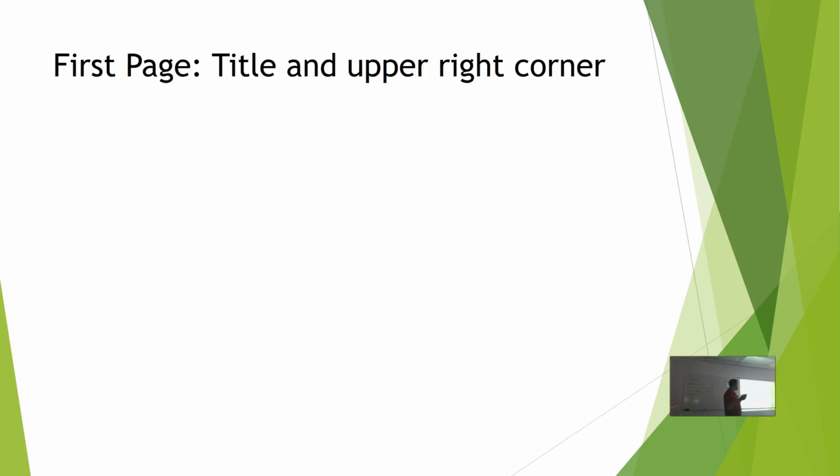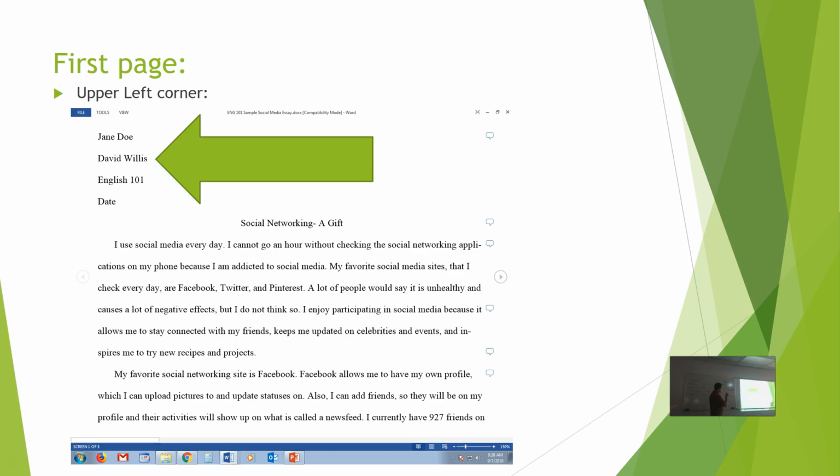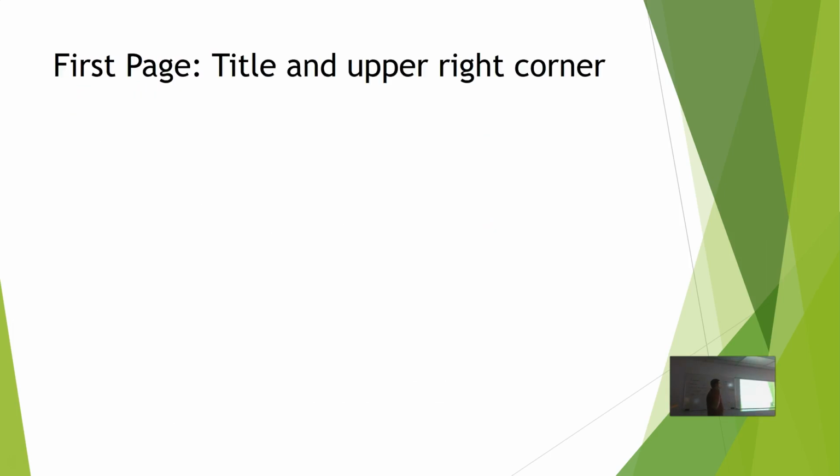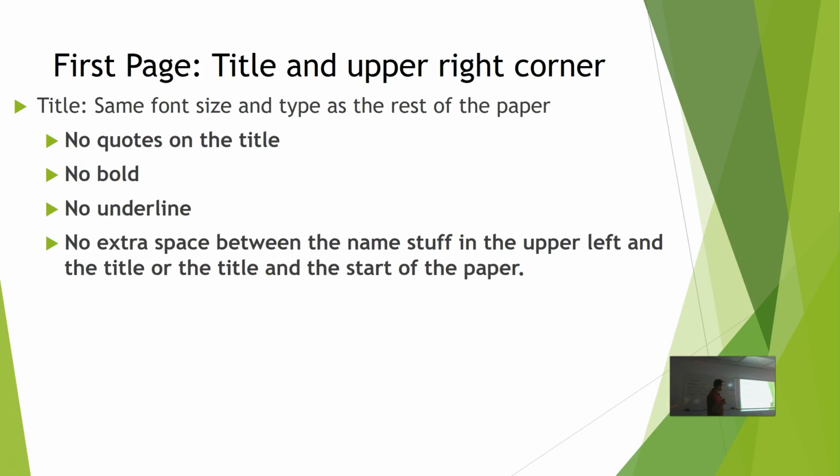In the upper right of every page, now this stuff is just on the first page. In the upper right on every page, your last name and page number, and then the title has certain rules. It needs to look like the rest of the paper, okay? So there's no quotes, there's no bold, no underline.